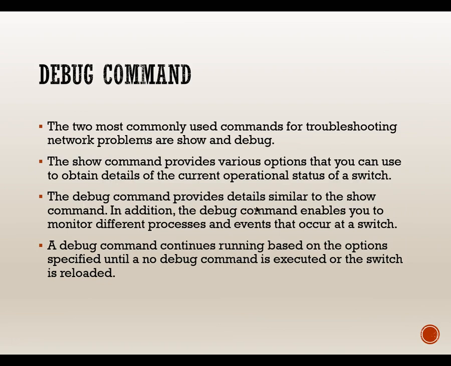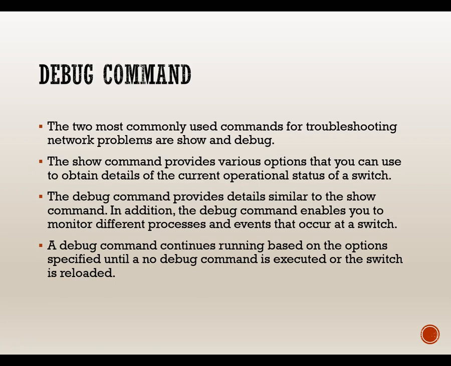The debug provides details similar to the show command and enables you to monitor processes and events, and this would be if something's not working. We could debug a routing protocol to see what it's doing, if it's actually running, and if it is exchanging the information that we need with its neighbors.